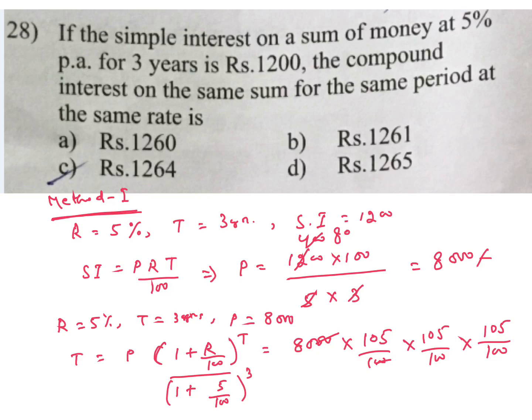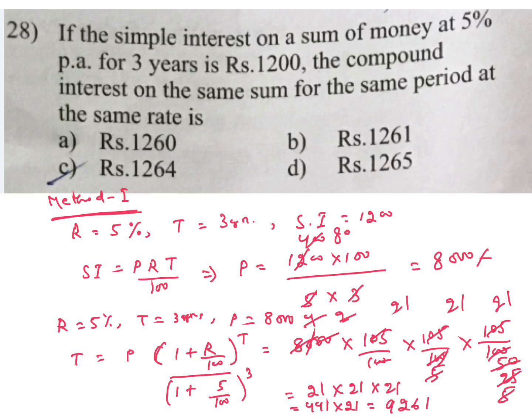Double zero cancel, single zero here, single zero, then 4 here, 5, 21, 2 here, 50, 25, 5 into 5, 21, so 21 cube. 21 square is 441 into 21, we will get 9261.